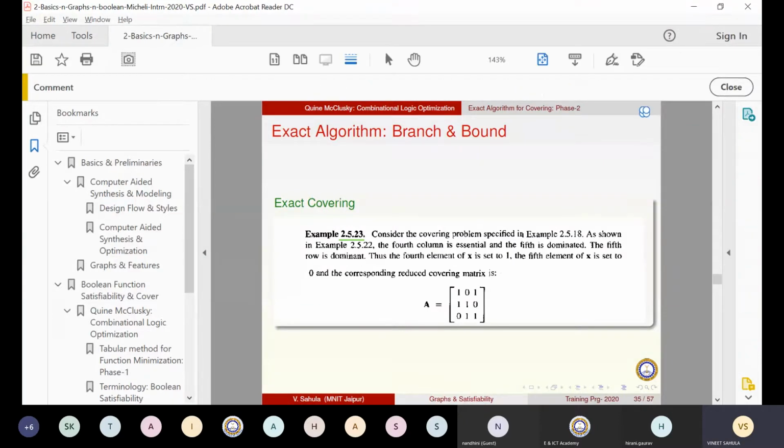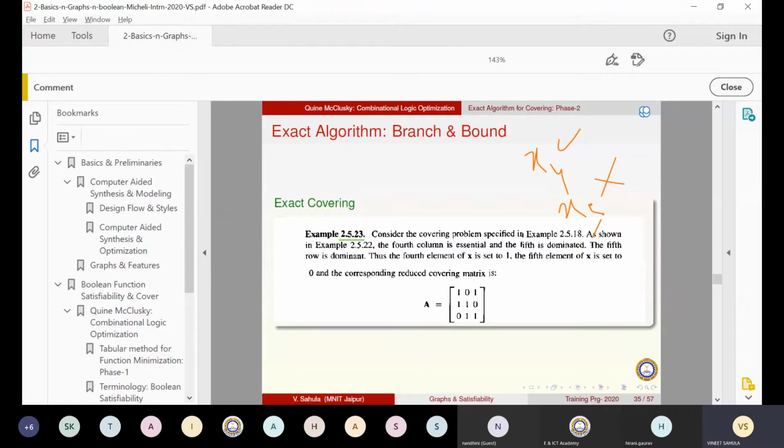Before this, we have already chosen the 4th column, and the 5th column is dropped because of being dominated, right? And the 4th and 5th rows are nowhere here. So we don't have to make any choice of dominating rows because they both are gone because of the selection of X4. Now here, each row has 2 ones. So essential is not there.